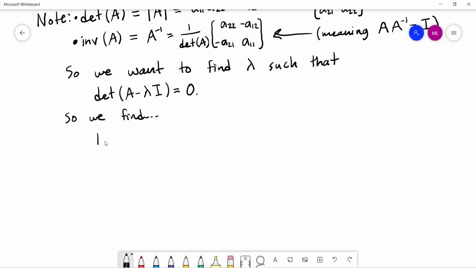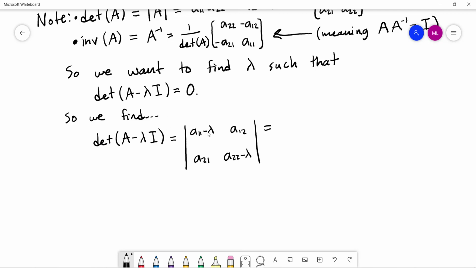The determinant of A minus lambda I is going to be the determinant, which I'll use straight lines for, of A11 minus lambda, A12, A21, A22 minus lambda. So that's what the determinant looks like.